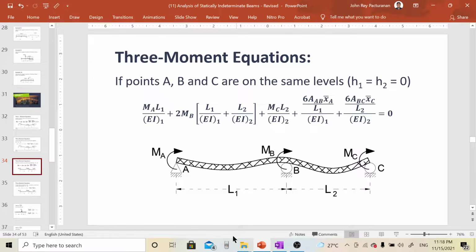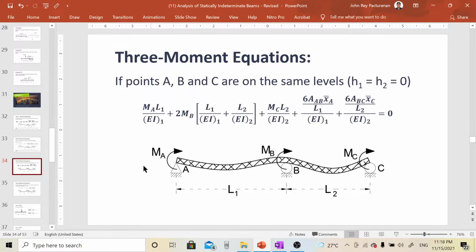Most likely, that's what will happen. All supports, because the three-moment equation is specifically used for continuous beams, and usually what we look for is the moment at the interior supports. And as part of our theoretical approach to analysis, there is no displacement here, here, or here. So they are just on the same level.